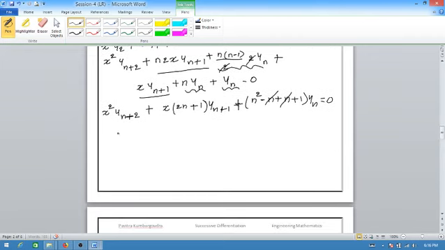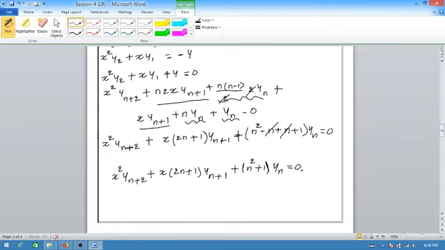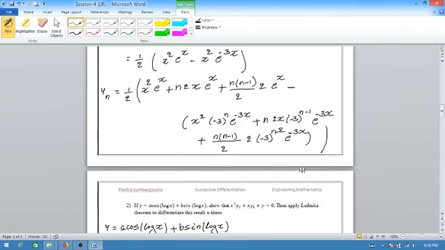So that is x square yn plus 2 plus x into 2n plus 1 yn plus 1 plus n square plus 1 yn is equal to 0. So this is the nth derivative of the given function.